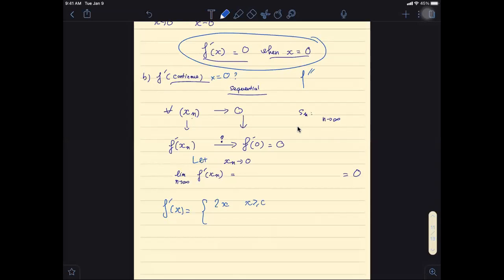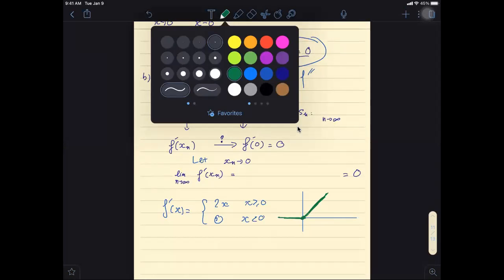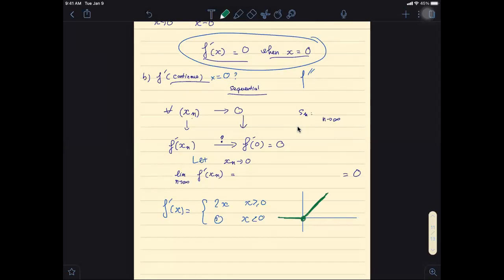At x equals 0, it'd be 0. Then how are you going to draw the graph of that one? It's a line, and then it goes up in a straight line. Do you think at a kink we have a derivative at x equals 0? It's not a smooth curve. I don't think so. It's not differentiable at x equals 0, but it is continuous at x equals 0.